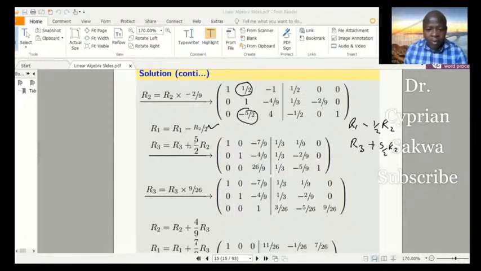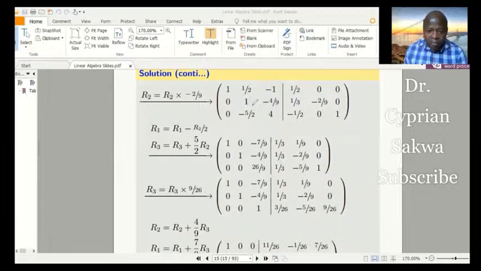And that's what I wrote here. So let's do those operations and see what they yield. Row 2 remains where it is, because it's the one we're using to create zeros in this position and this other position.